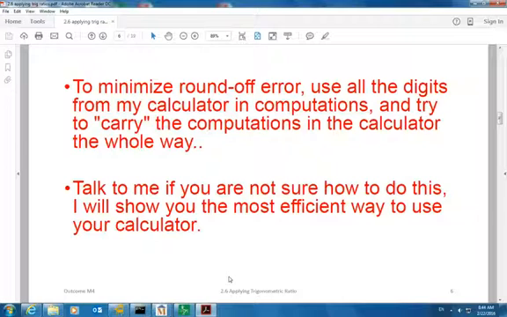Often your calculator has an answer key where it can recall the previous answer, so it gives you the whole number, it doesn't cut it off. I don't want you to be retyping the number that you found into your calculator to do the calculations.